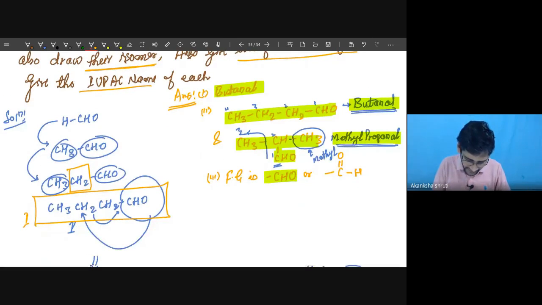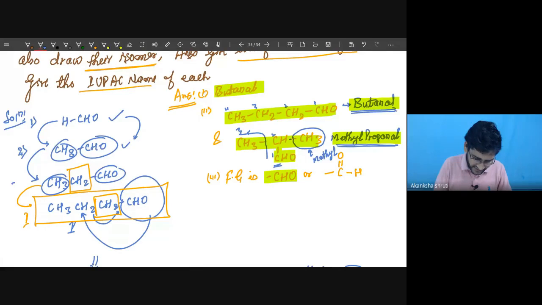Successive means if you are considering the first, you have to compare with the second; if you have taken the second, then you compare it with the first or the third.